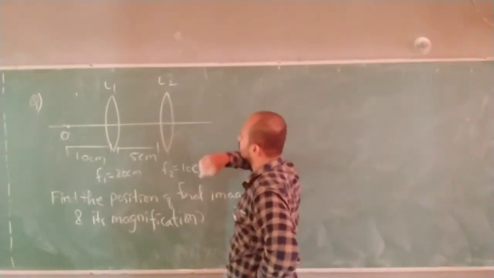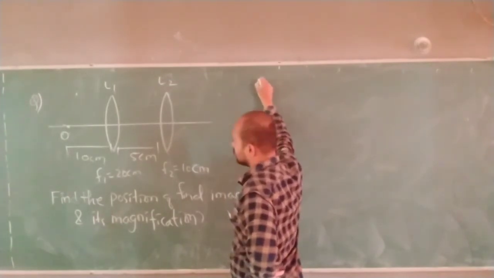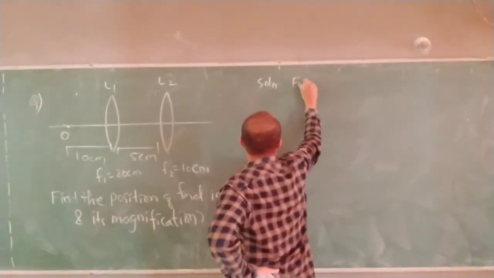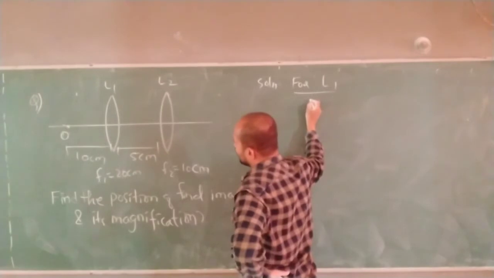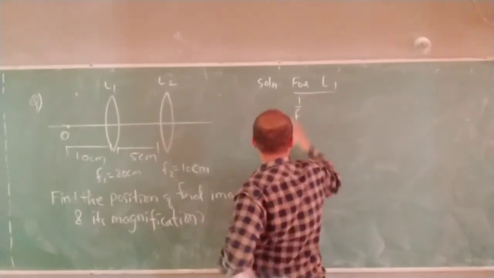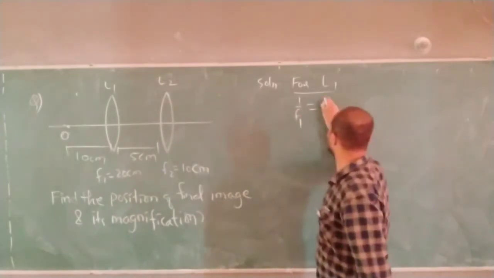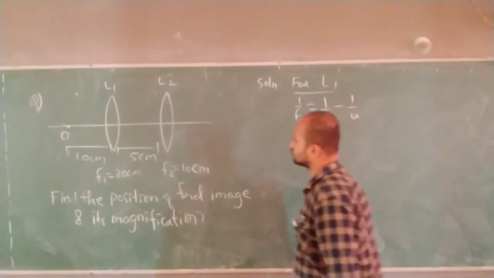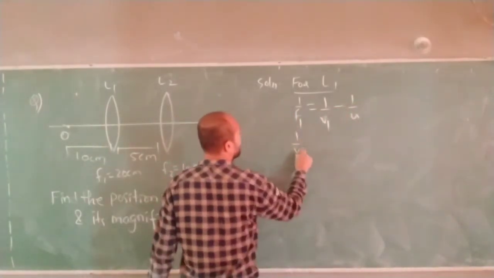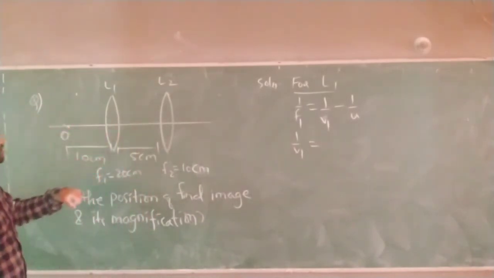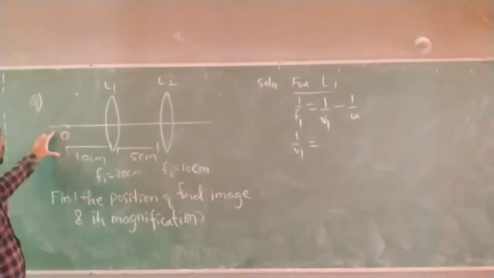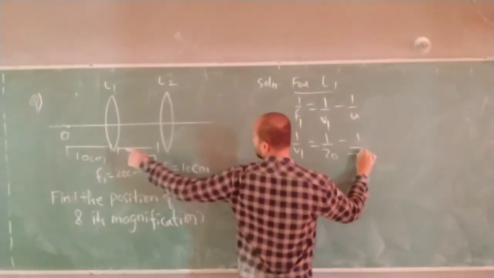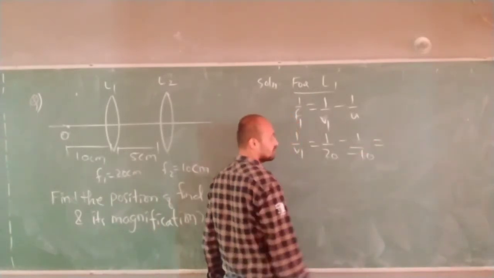So see here. For L1, lens 1, 1 by f1 is equal to 1 by v1 minus 1 by u. So 1 by v1 will be equal to 1 by f1 plus 1 by u. What is f1? 20 centimeter. So 1 by 20 minus of minus 10, this will become plus, into 2.